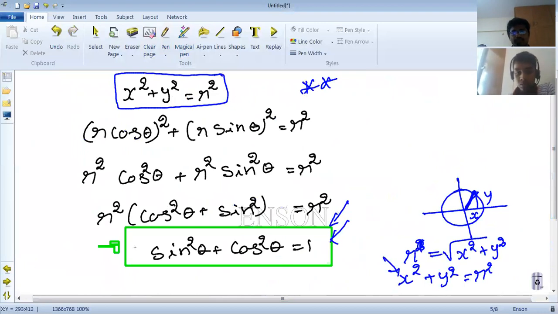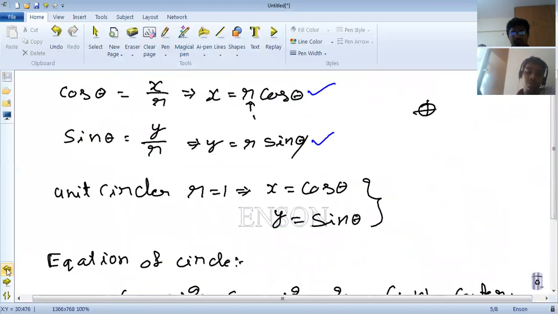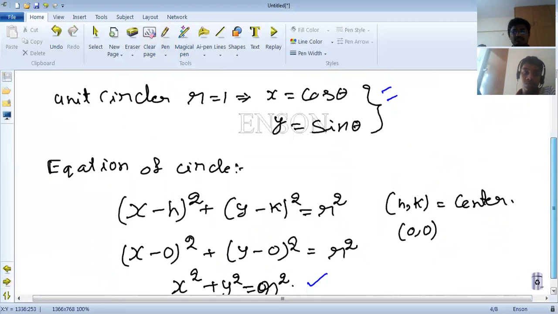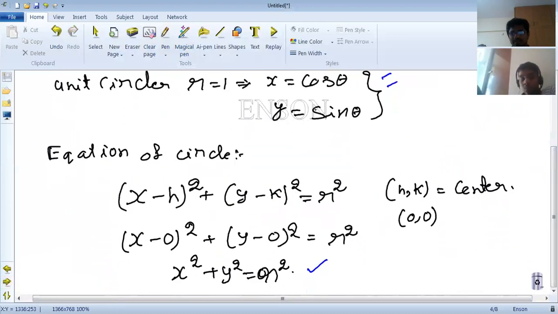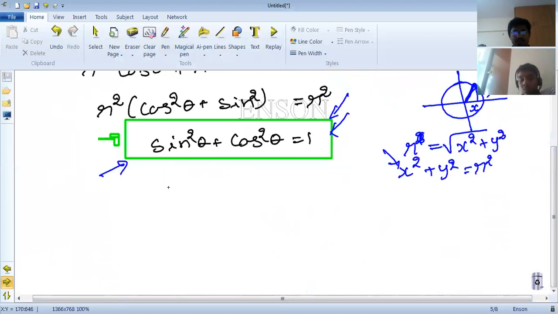Okay, they may ask you to prove the sine square theta plus cos square theta is equal to one identity. That is also one of the questions for you. And this one you can hardly remember, otherwise you can forget, just go through it, it is not that important compared with this.